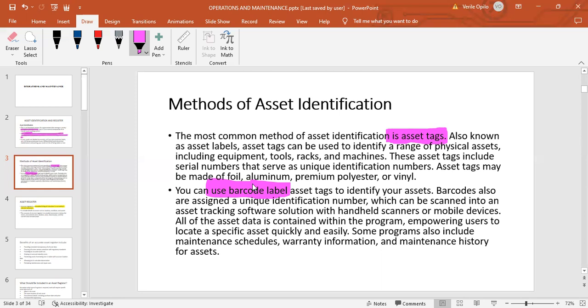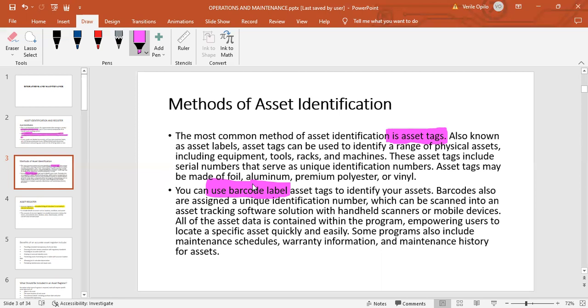And by labeling them with the barcodes, any details that you need about that particular asset, you're just going to scan that barcode using either a handheld scanner or a mobile device. You can be able to get all details about that particular asset.